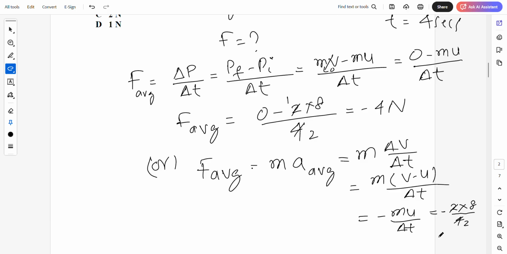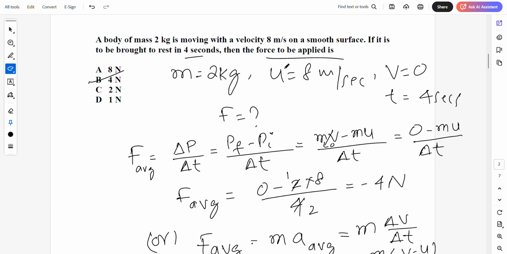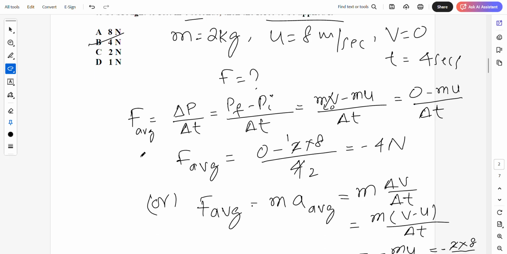Again, we get minus 4 newtons. Hope you understood. Then the force to be applied is, take the magnitude, that is 4 newtons.